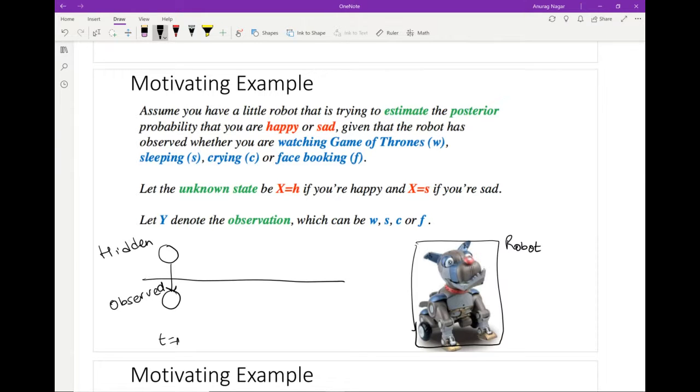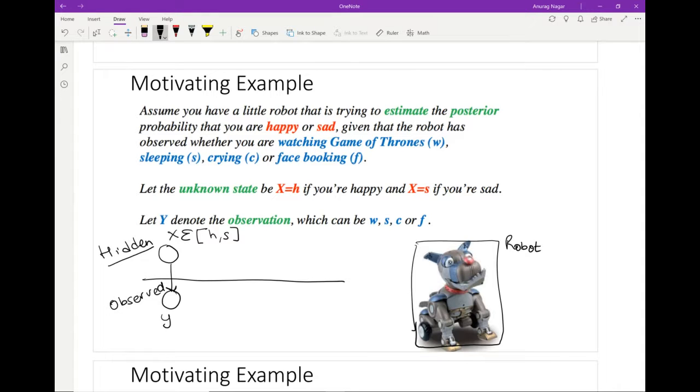Hidden and observed state are there. So I know that the hidden state is one of two values. In this case, they have said y is the observation, x is the hidden state value. It doesn't matter, there is a convention. So x can belong to either h or s.